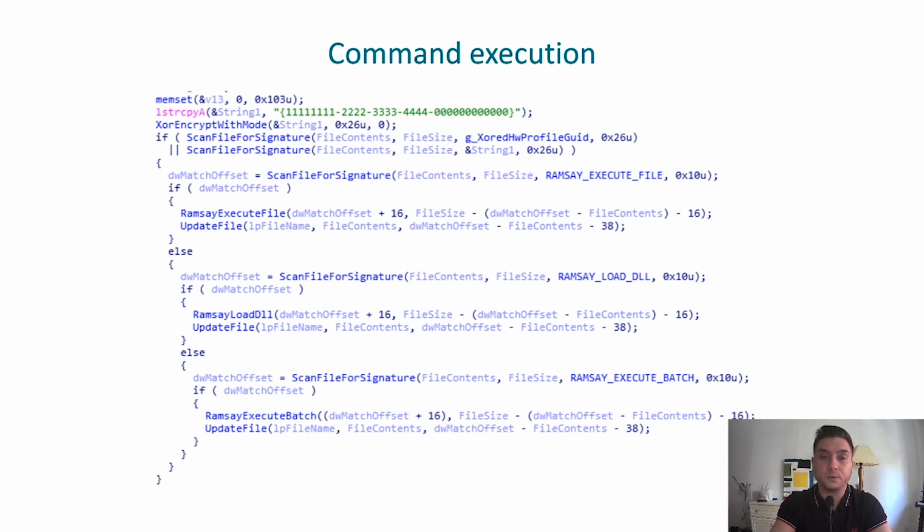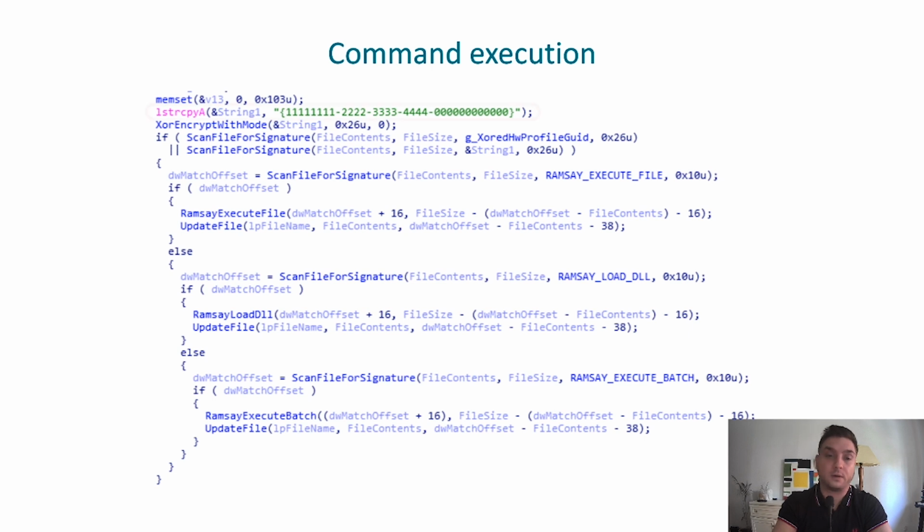For each candidate control document, Ramsay will try to search for two strings which denote two GUIDs, and it will try to search for either of them. One of them is dynamically generated and denotes the specific GUID of the hardware profile of a victim.